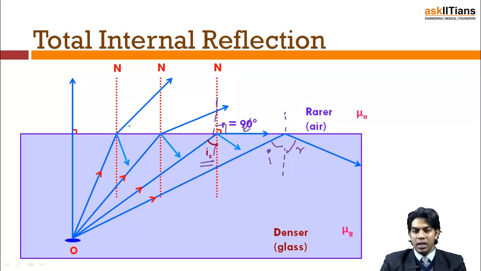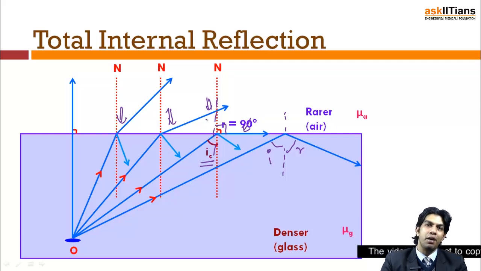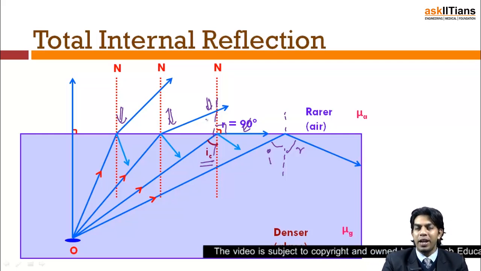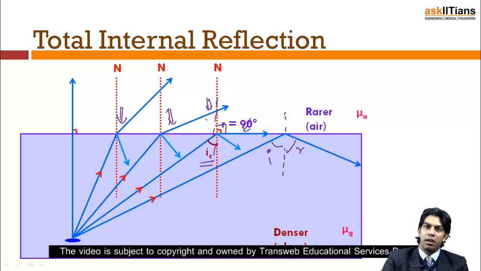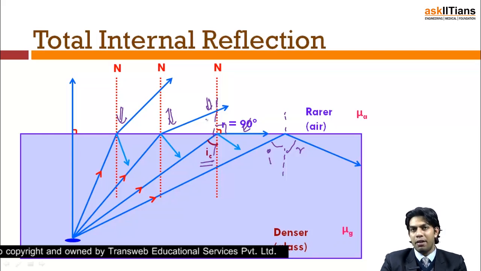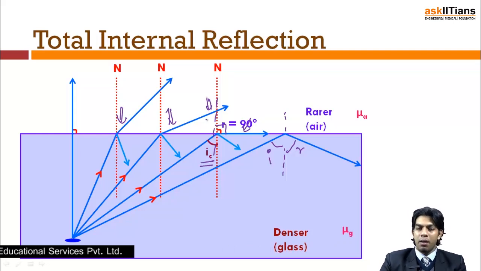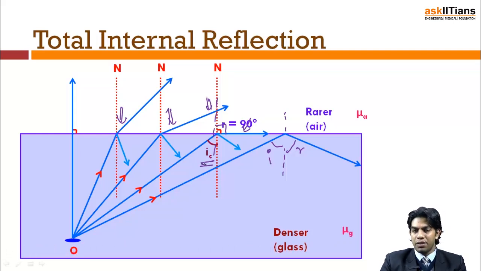That is, in these situations, if you look closely, I have a part of it which was undergoing reflection and a part of it which was undergoing refraction. So an incident light ray was divided into two aspects, refraction and reflection. But there comes a critical angle IC, which is given over here, for which the angle of refraction is 90 degrees.